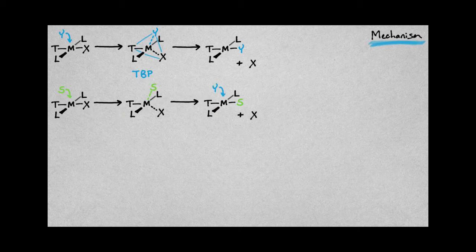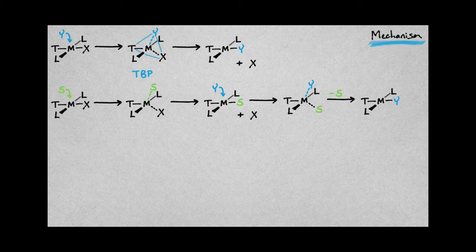This is followed by attack of the incoming ligand Y at the metal center to form a second trigonal bipyramid intermediate, with now the incoming ligand Y, the solvent, and the trans ligand forming the trigonal plane. And then dissociation of solvent leads to the final product.